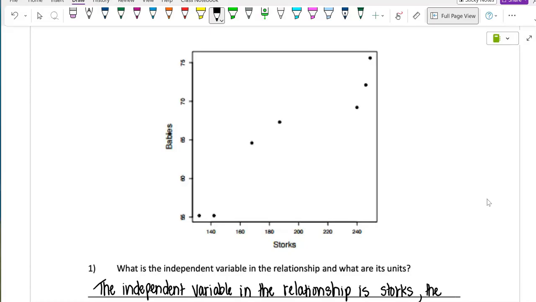Both variables are increasing. So Camilla, if both variables are increasing, what kind of correlation is that? Positive correlation.